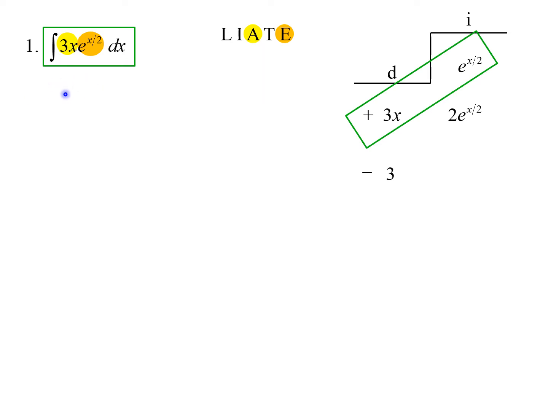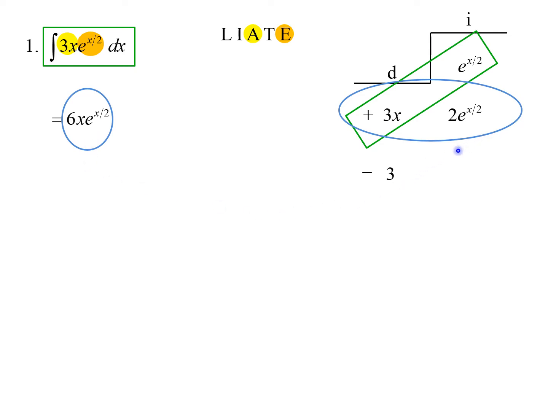So the machine has just been started, and we're going to say this equals, when we multiply those two functions together, 2 times 3, that's where we're getting the 6, and then we have an x and e raised to the x over 2 power.